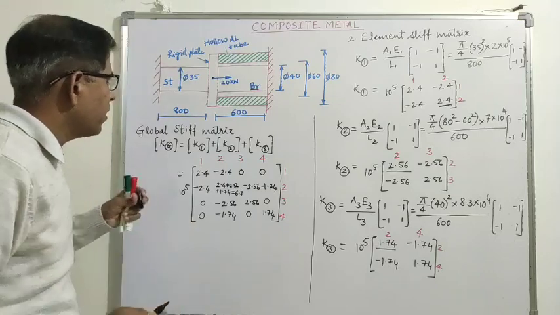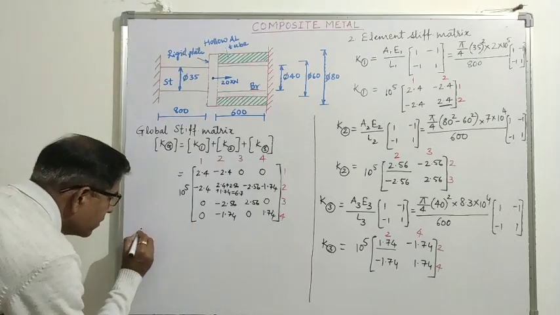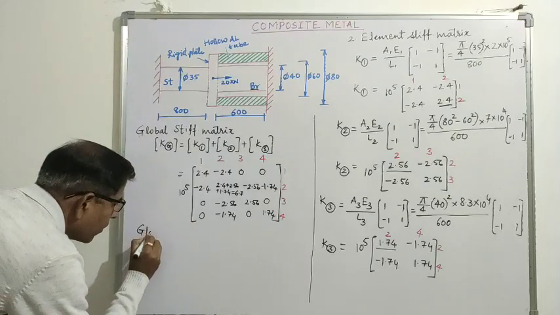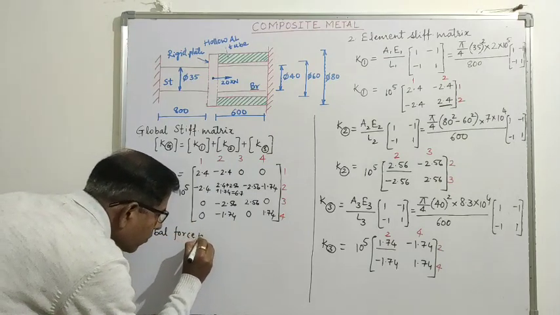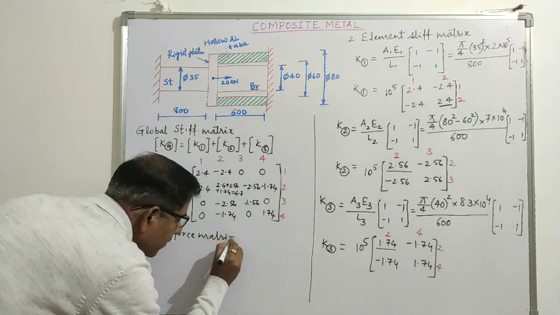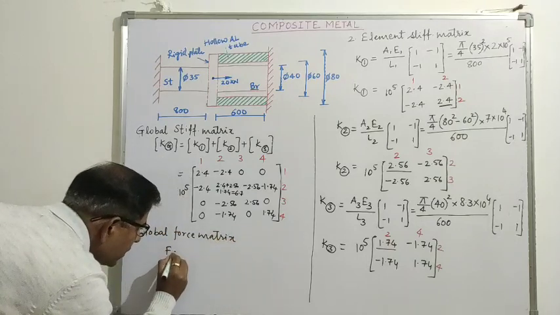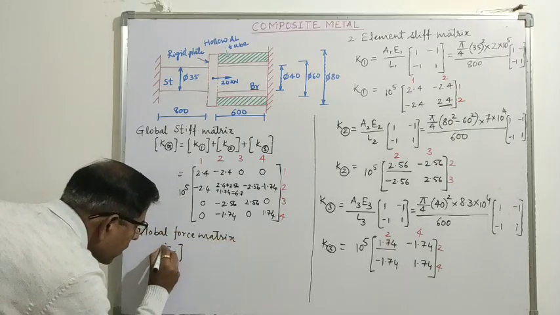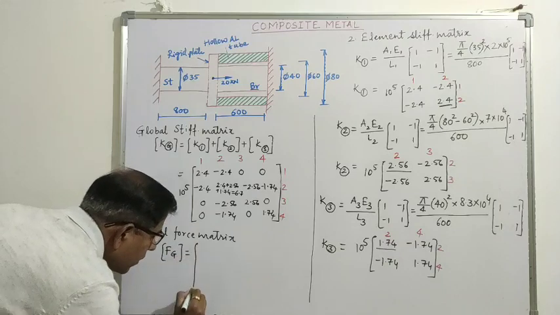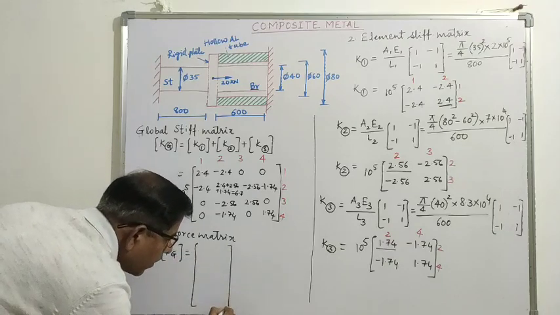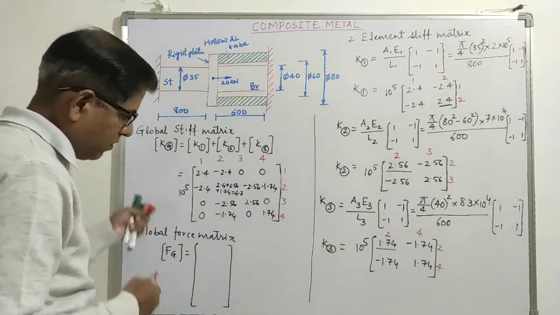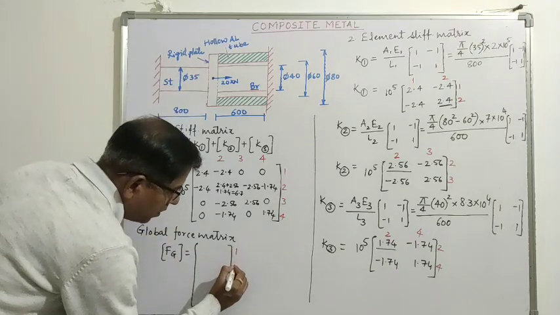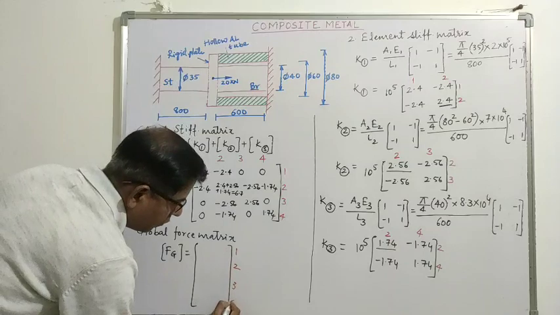Okay. Now we find out the global force matrix, Fg, for node number 1, 2, 3, 4.